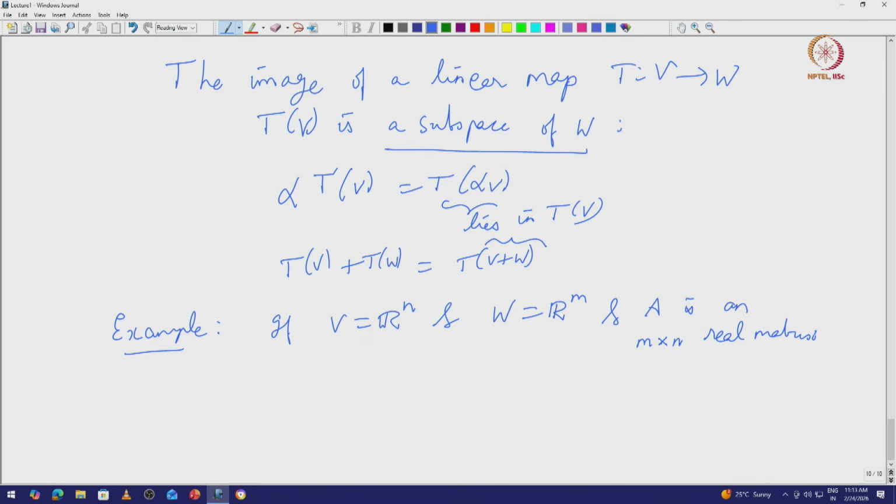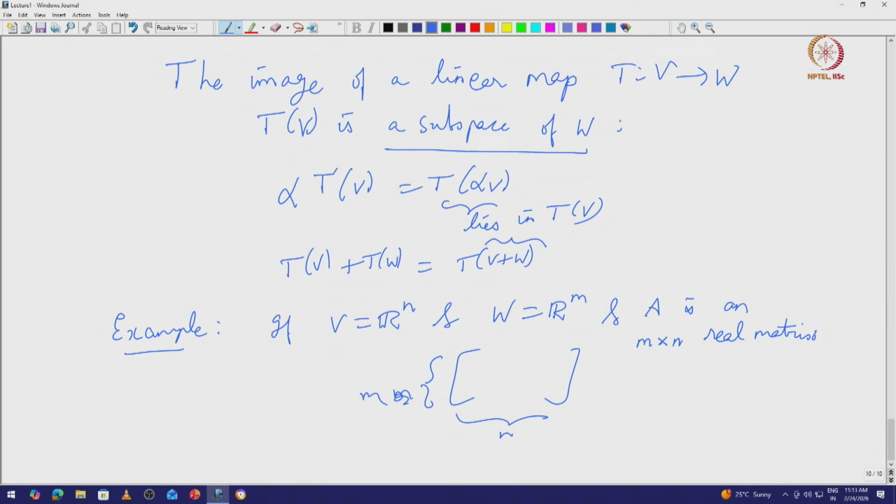What's an m by n real matrix again? It has m rows and n columns. So if it has m rows and n columns, then you can multiply.